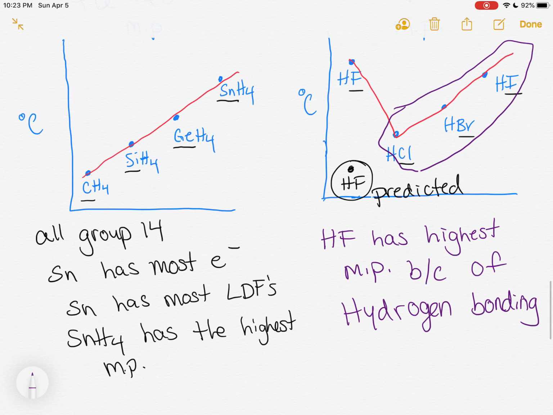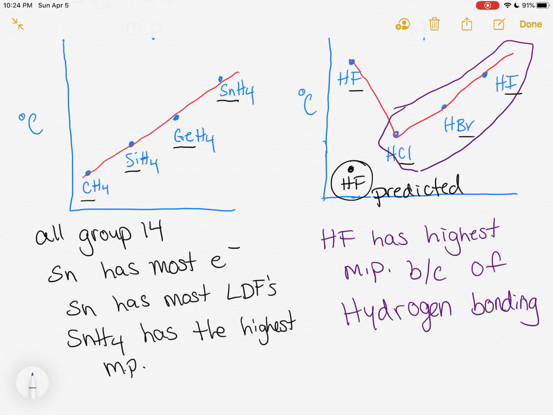So when we're looking at intermolecular forces, it matters how many forces there are, but it also matters what kind of forces are in the molecule. And since hydrogen bonding is such a stronger intermolecular force than just regular LDFs, it makes a huge difference for the melting point.